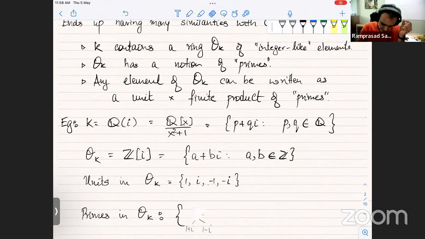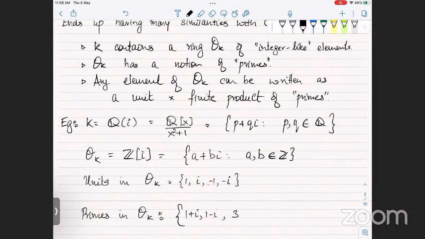So instead of 2, I have 1 plus I and 1 minus I. These happen to be prime numbers in this world. Now 3. It turns out 3 is prime in this world. What about 5? 2 plus I and 2 minus I. Good.